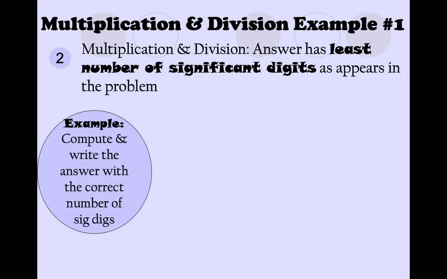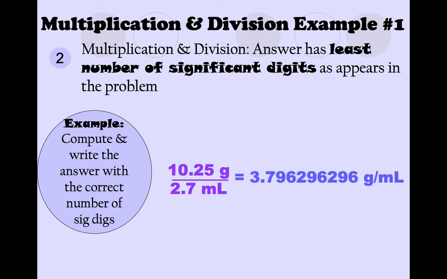So here we have 10.25 divided by 2.7. When we divide, this is the answer we get, right? A whole ton of numbers. But the way that we round is we look at the different inputs. So this would have 4 significant digits. 2.7 would be 2 significant digits.